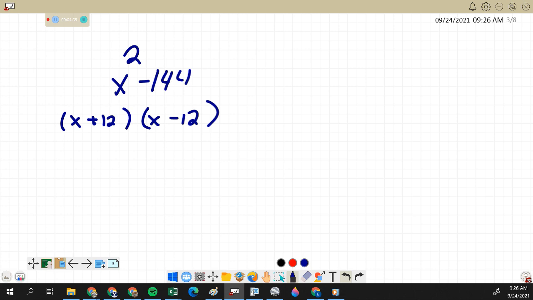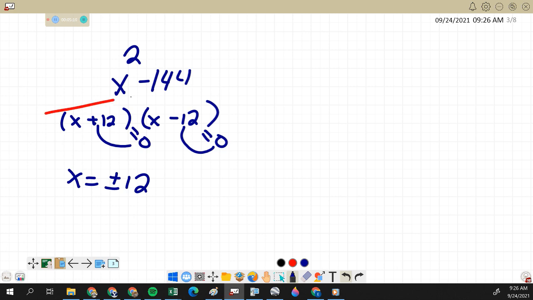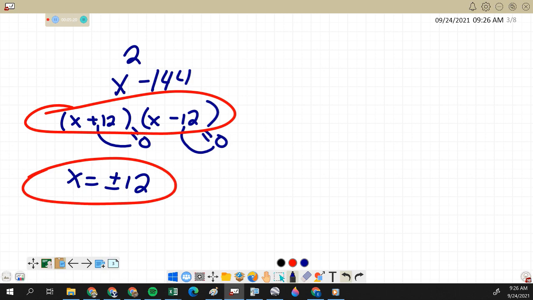But on M through R, it says find the roots. How do we find the roots? You write equals 0. We're going to subtract 12 and add 12. And I get plus or minus 12. So this is factoring. This is finding the roots.